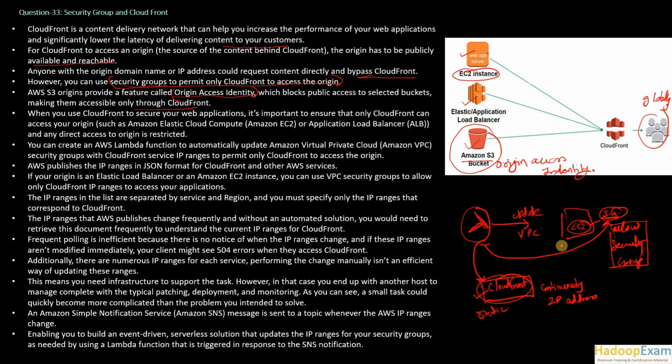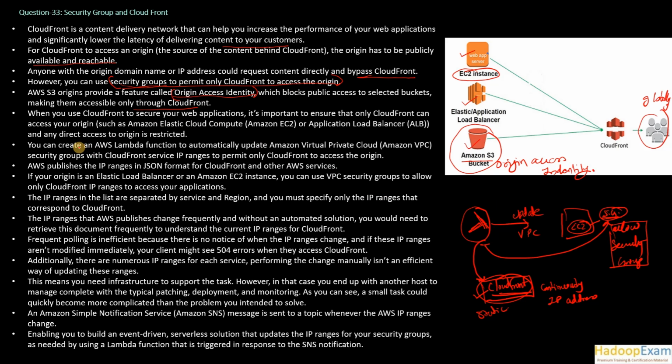So CloudFront is allowed to connect to these EC2 instances, and CloudFront has its own IP addresses which keep changing. If we want to allow the IP addresses of CloudFront, then the security group needs to be updated with these IP addresses. Based on how frequently CloudFront updates its IPs, we can schedule our Lambda function. The Lambda function gets a list of all IP addresses and updates the security group.